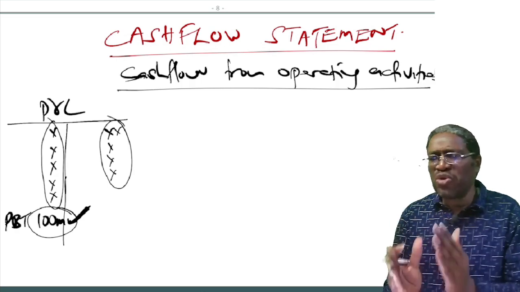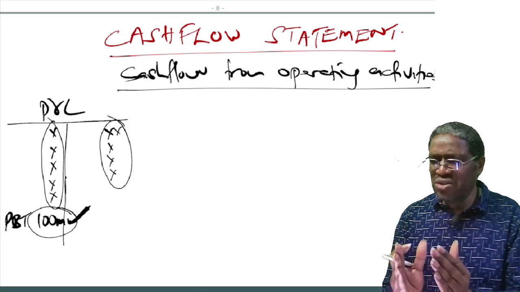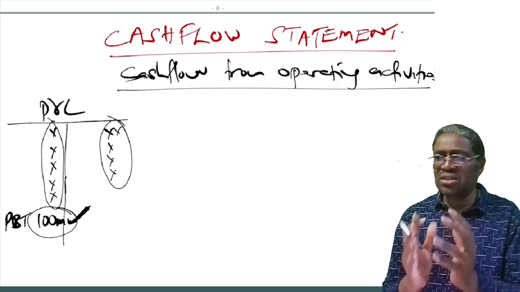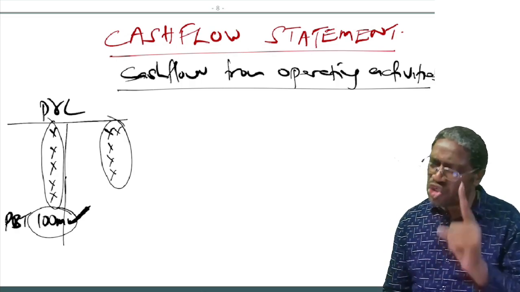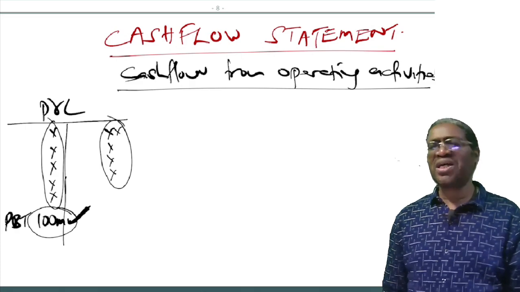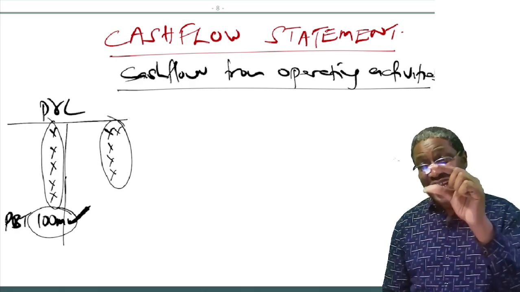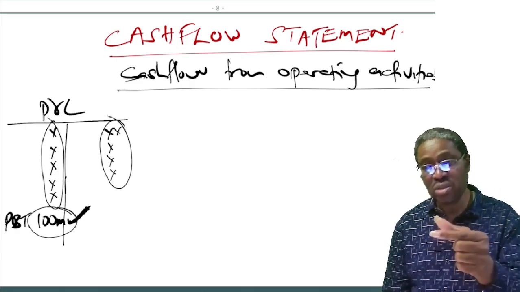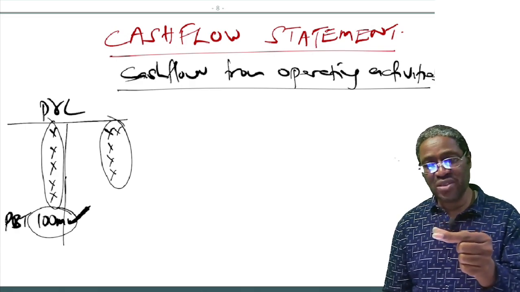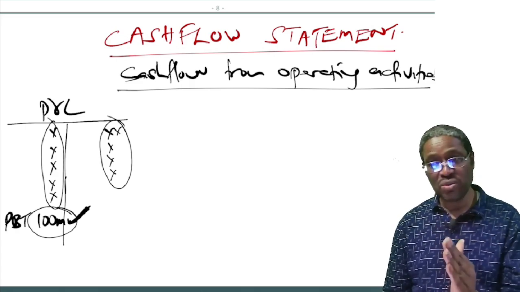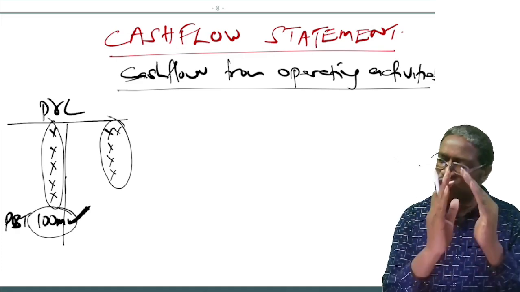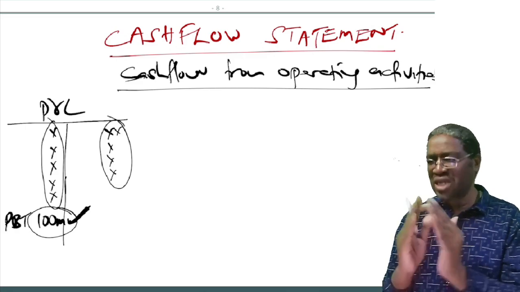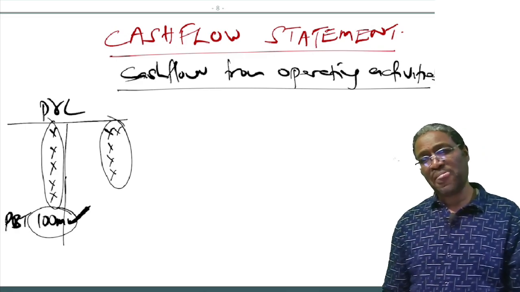So in principle, you could say that 100 million represents your net cash inflow. But is it true that 100 million represents the actual net cash inflow from operating? The answer is no. That 100 million is not actually the true net cash inflow from operating.